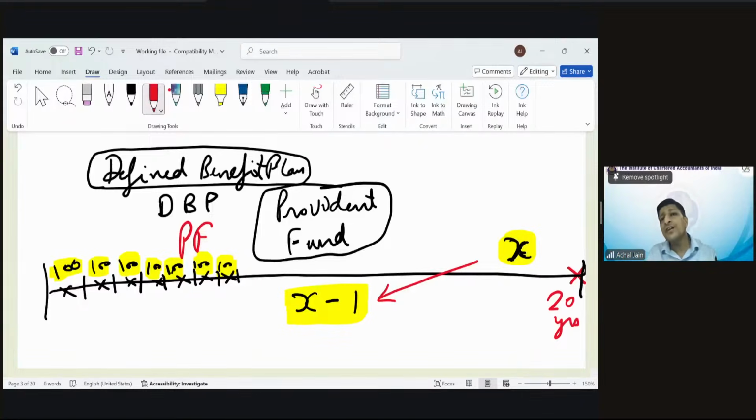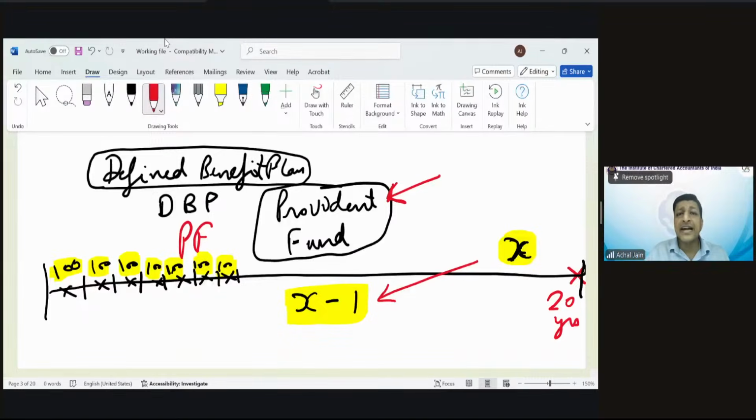Whether the employer will carry that risk? In this case, the answer is yes. In this case, it's a privately managed provident fund. Who is managing that? Who is maintaining that? Employer.